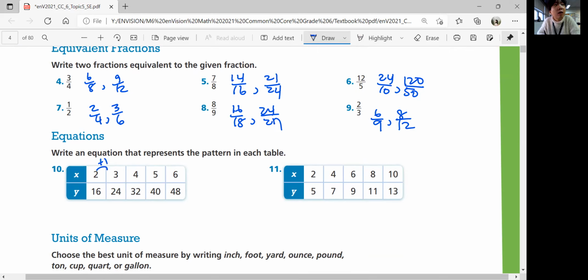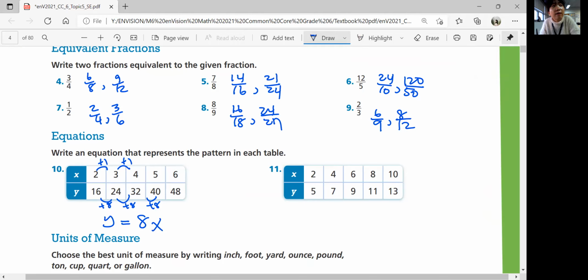So you're adding 1 each time for x, but you're adding 8 each time for y, right? So this could be written as x times 8. 2 times 8 is 16, 3 times 8 is 24, 4 times 8 is 32, and so on. So you can write an equation, y equals 8x.